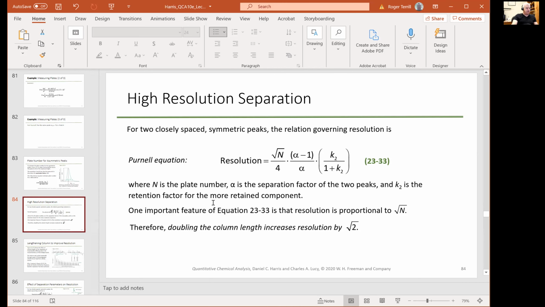Now here is a case where there will be a question or two, and this is resolution. And the resolution R here is root N over 4 times alpha minus 1 over alpha.